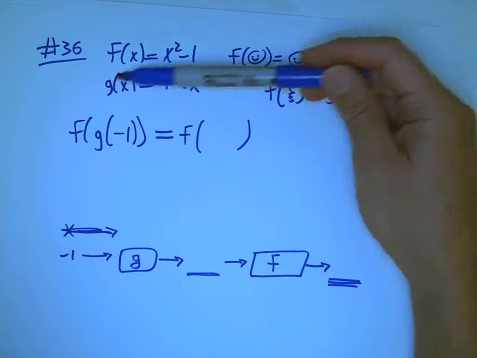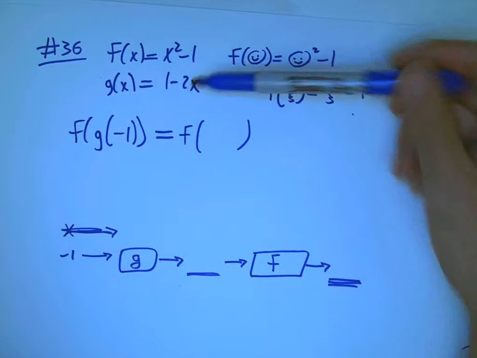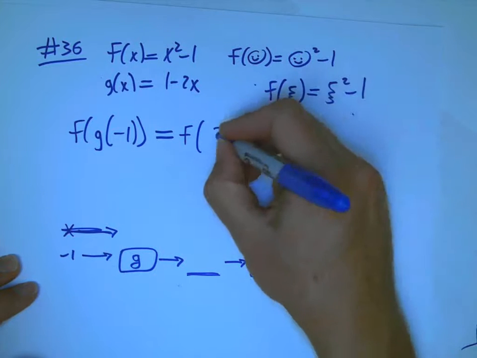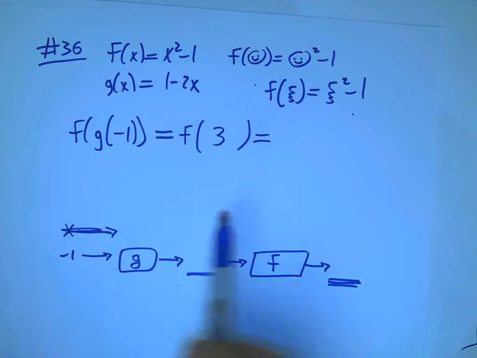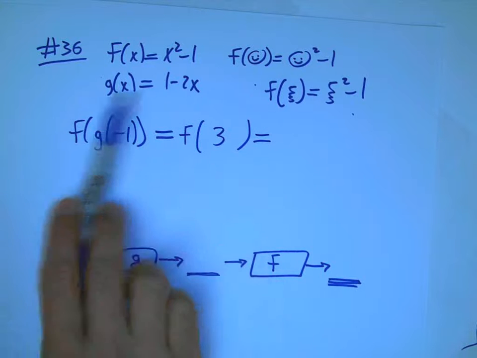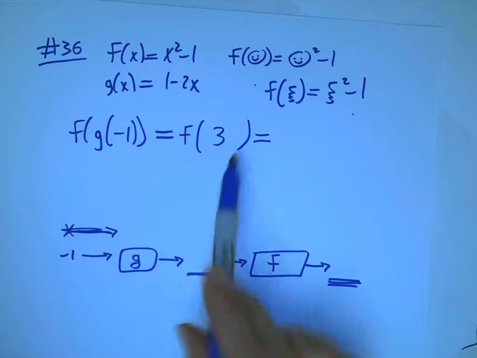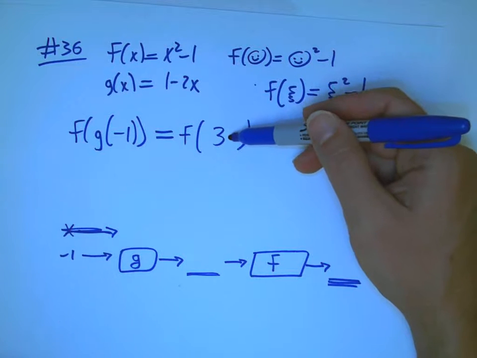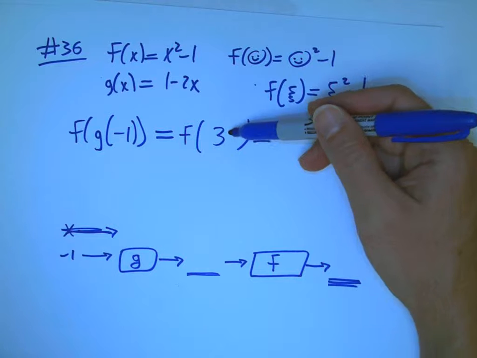Well, that's what happens if you plug minus 1 in for x. This notation means that g of minus 1 is whatever you get when you plug minus 1 in for x. You substitute x equals minus 1. That's 1 plus 2, so that's 3. So all I used was this definition for g. It's f of 3. Now, the g has gone away.